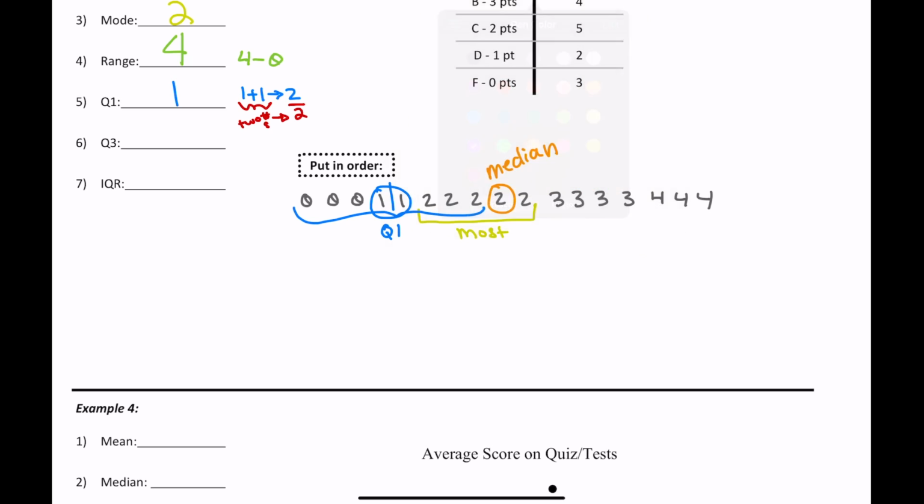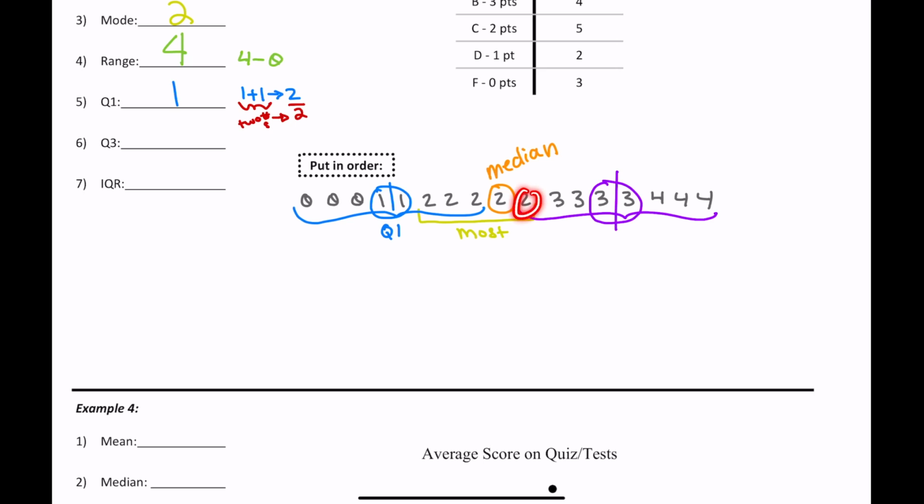All right, looking at Q3 here. So we're looking on the right side of our median for our Q3. And again, we're looking for the middle 2 because it is even, because we still have 8. And the middle 2 in this case are nice again, right? This is the middle 2. How do I know that?